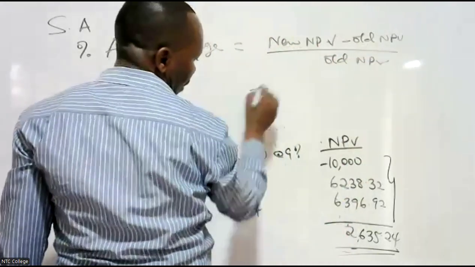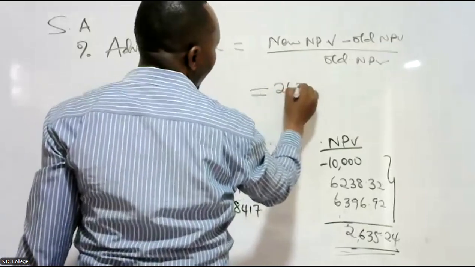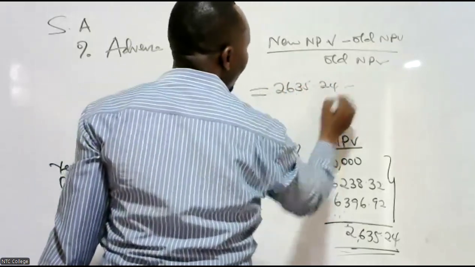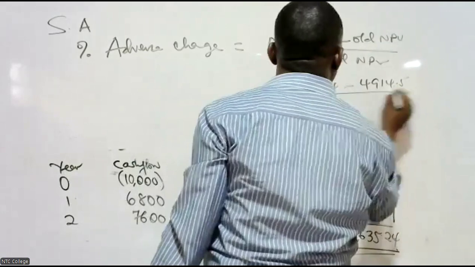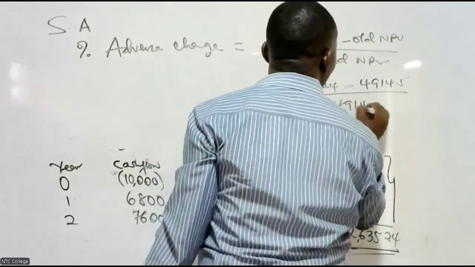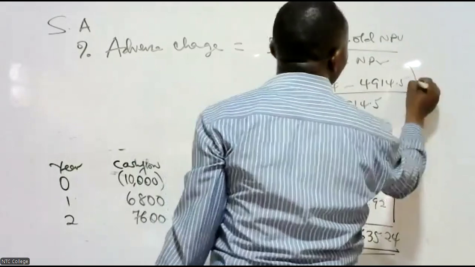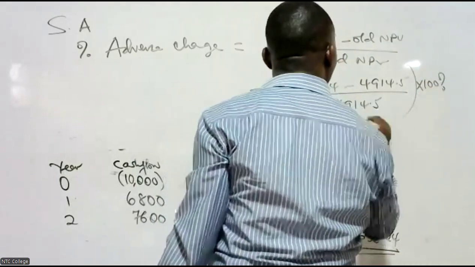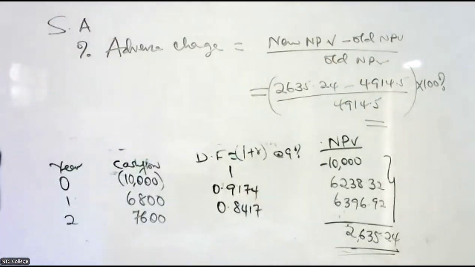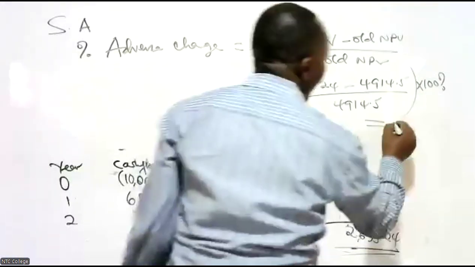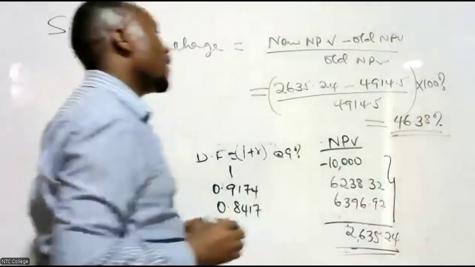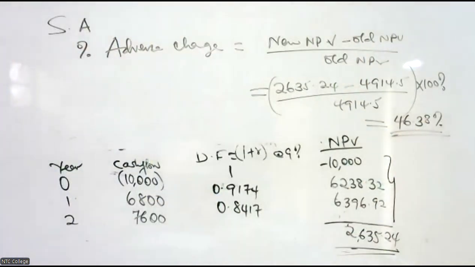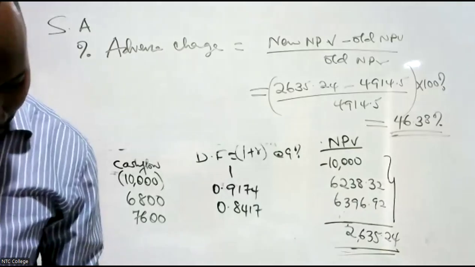So we are having 2,635.24 minus 4914.5 all over 4914.5. This one in percentage, and you can get 46.38%. So that is the sensitivity analysis of revenue.